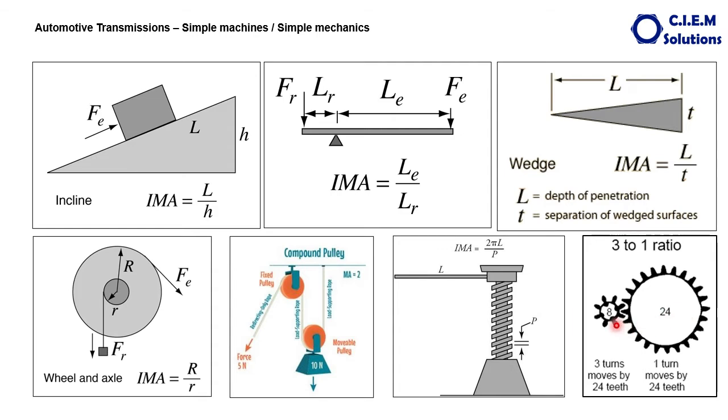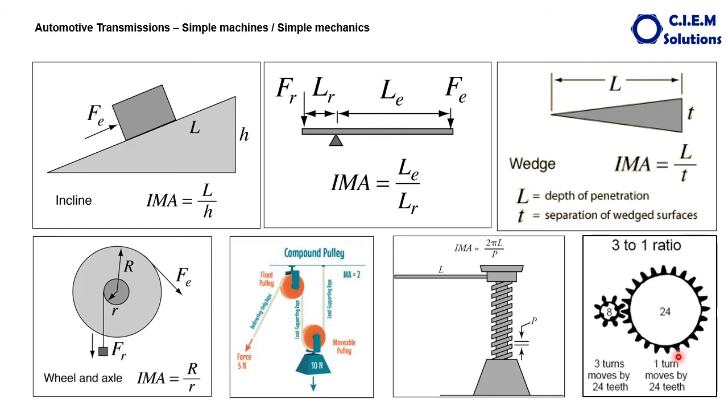The drive gear consists of 8 teeth, whereas this is having around 24 teeth. Effort required to move the vehicle will depend upon the force available at the output shaft of the gearbox. That's why we are talking about all these simple machines.